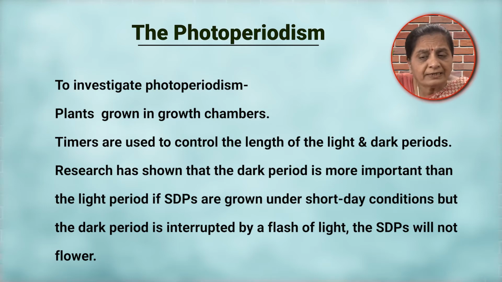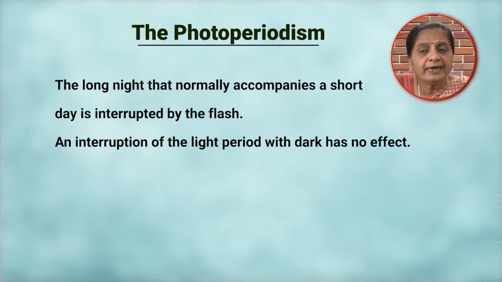If SDPs are grown under short day conditions but the dark period is interrupted by a short flash of light, the SDP will not flower. The long night that normally accompanies a short day is interrupted by a flash. An interruption of the light period with dark has no effect.